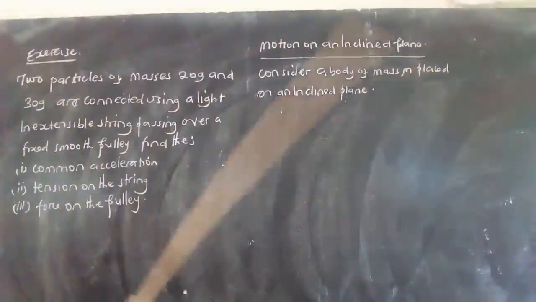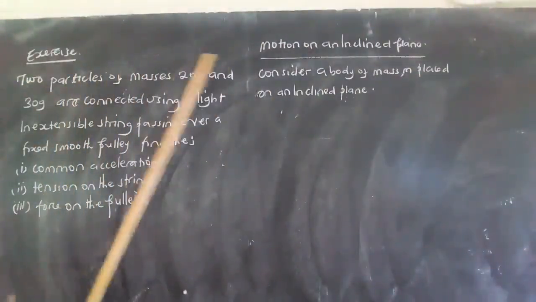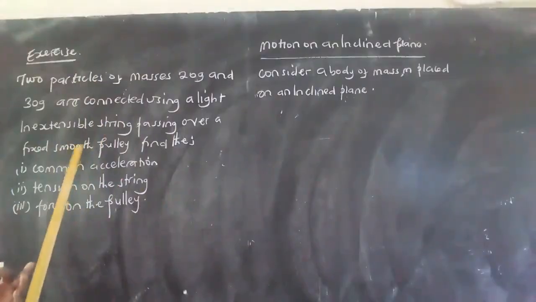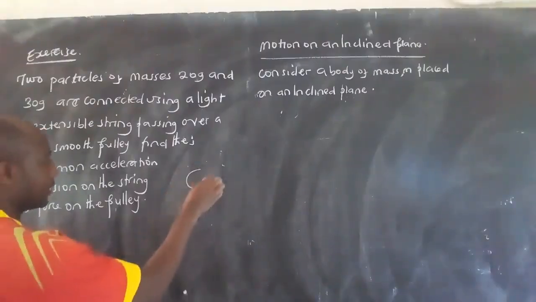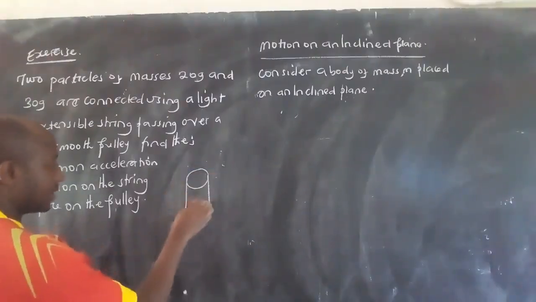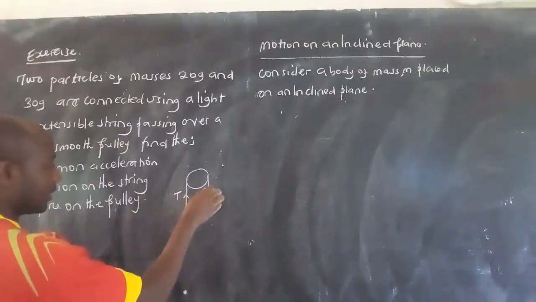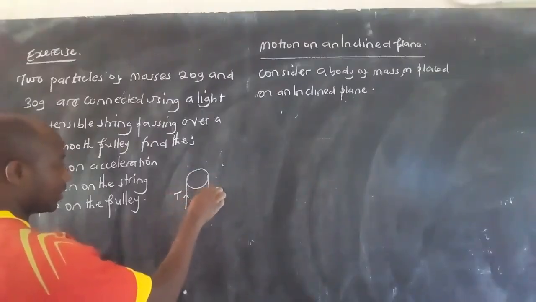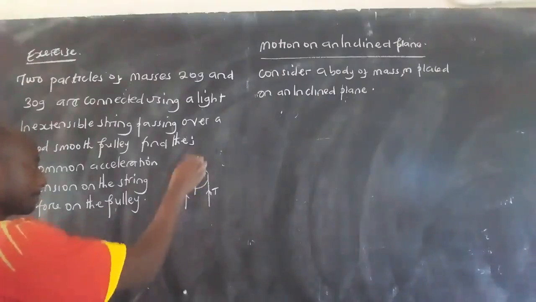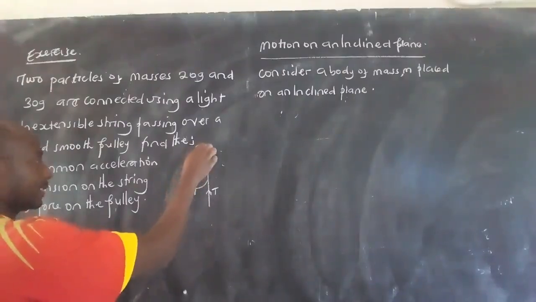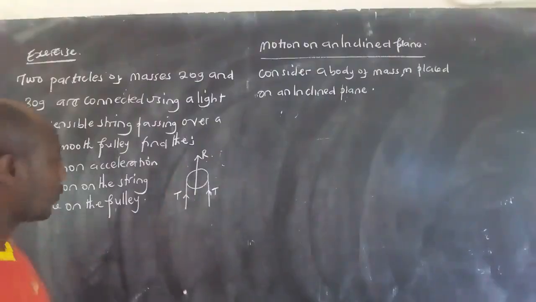So we have this exercise. Two particles are connected like this. Maybe they say you have the particles connected like this. This is a pulley, and you have the string down here, the tension here and the tension here. The resultant is here, and this is the normal reaction.